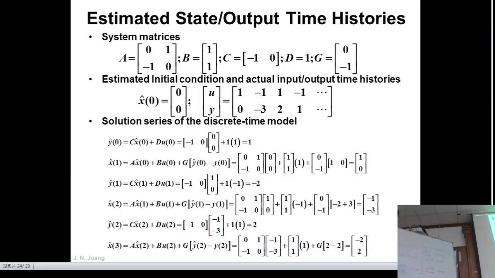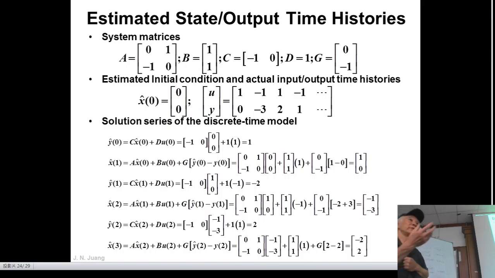So after time step 1, starting from 2, check your step 3. Is X hat 3 the same as your true state, minus 2, 2? Yes, it has to be. Don't you think that's magic?